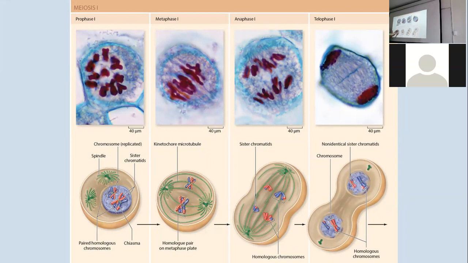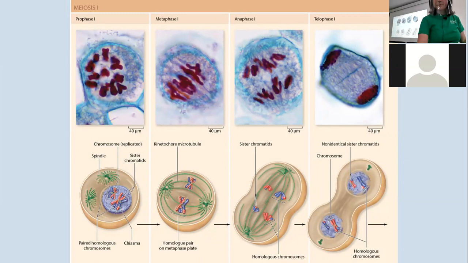We do some genetic shuffling. Metaphase, each of those pairs line up together in the center. Anaphase, we separate the pairs. One whole paternal chromosome goes this way, one whole maternal chromosome goes that way, for each chromosome. And then telophase, we remake our nucleus, we divide them in half. We end up with 2 haploid cells. That's meiosis I.